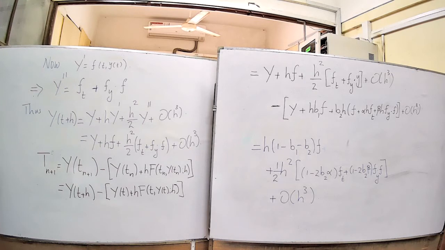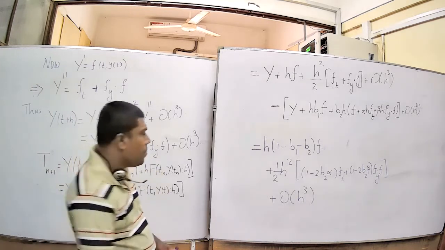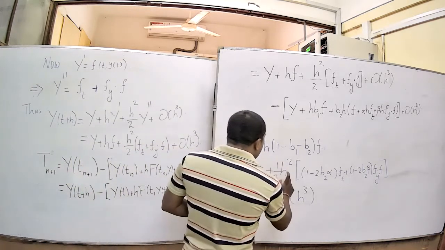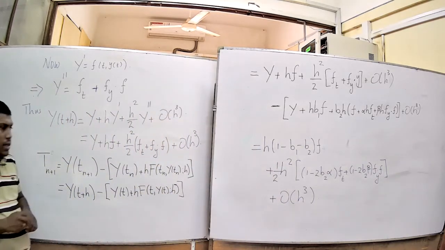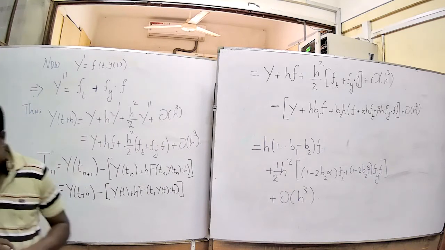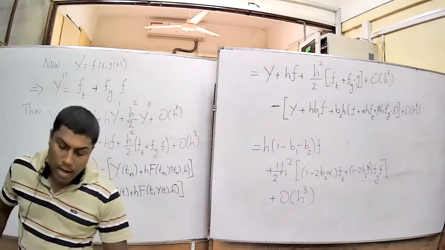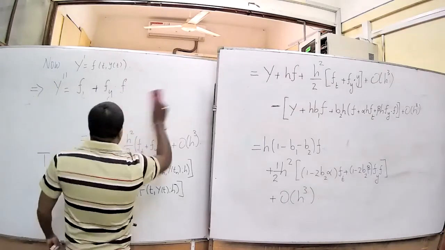So you know that you have to find the constants such that the truncation error is of order h3. So you have to make sure that the term with h and the term with h squared vanish, right? So that means those coefficients should be 0. So that's how you figure out the constants.